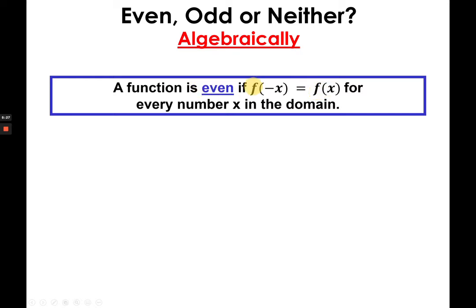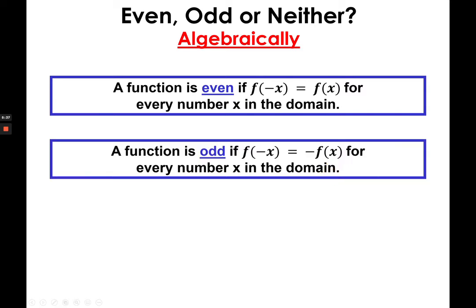A function is even if f of negative x is equal to the same function for every number x in the domain. A function is odd if we substitute a negative x and the function changes all the signs of its terms, for every number x in the domain.